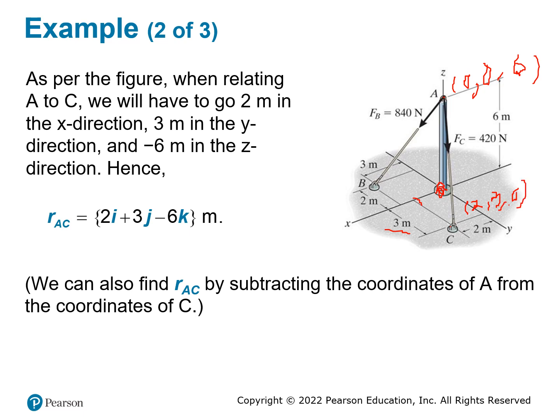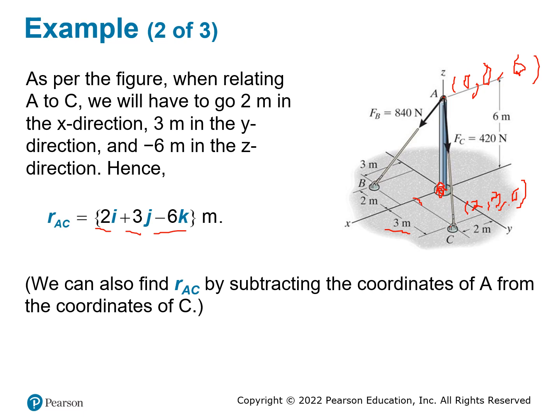With this information, we can find r_AC. It is 2 minus 0, which gives 2; 3 minus 0, which gives 3; and 0 minus 6, which gives negative 6. That is our r_AC.